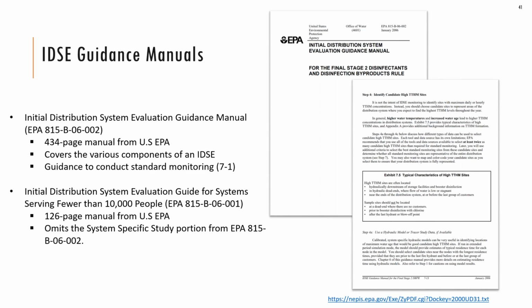Here are 2 guidance manuals developed by EPA, which detail how to select new monitoring sites for total trihalomethane and haloacetic acids, guidance on conducting standard monitoring or the routine monitoring required under the IDSE, and how to develop a report which they have to submit to the state. Water systems should check with their state for any additional requirements for completing the IDSE. The first manual applies to most system sizes, while the second manual is for smaller systems.